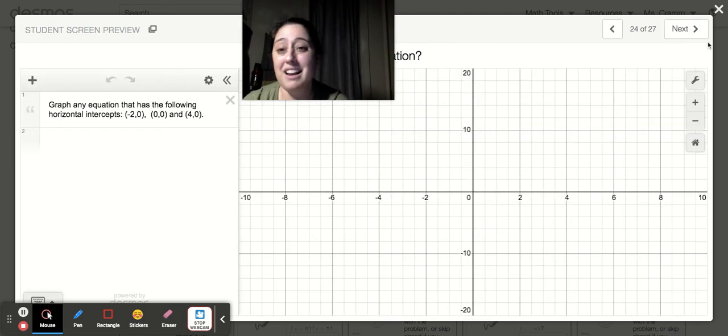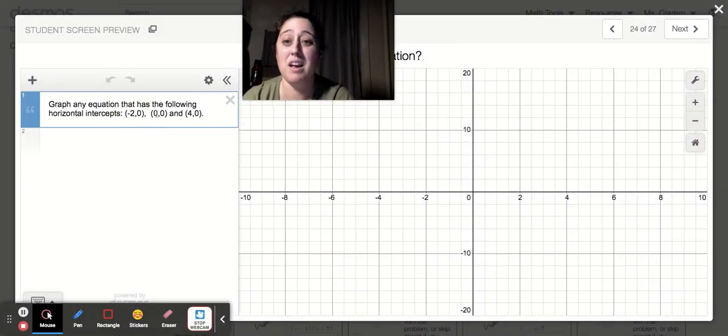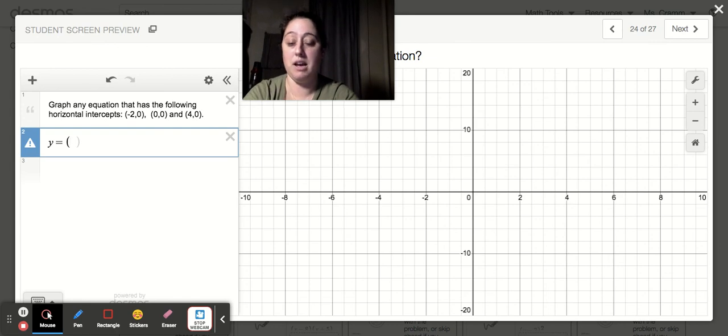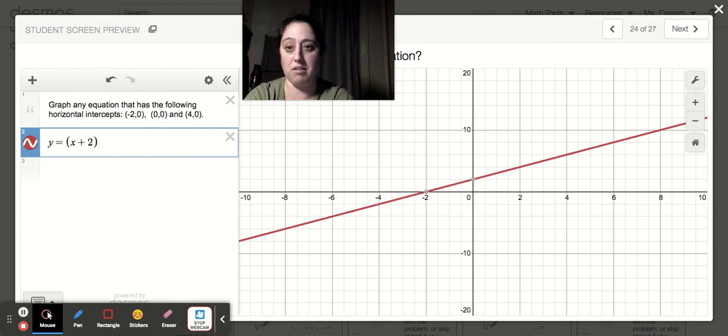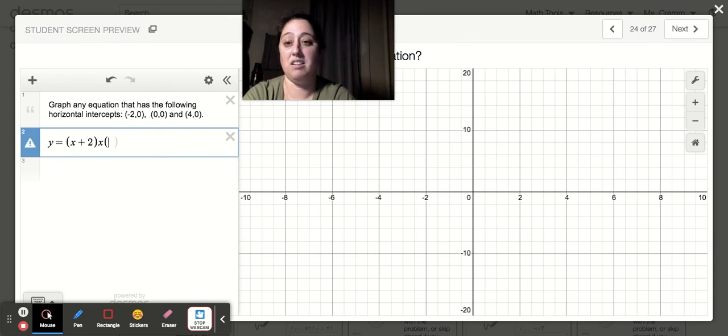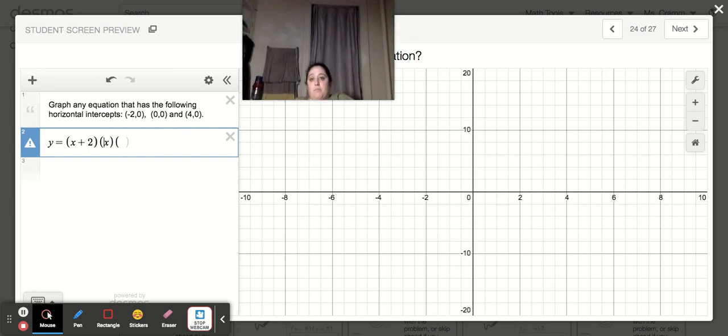All right, and I'm going to do that for all of these. So here I have -2, 0, and 4. All right, so let's just get this done. Y equals, so one of them is going to have negative 2. So if x is negative 2, then I've got to add 2 to that to make it 0. 0, 0 is just an x. I could give it its own parentheses. Great. Okay.